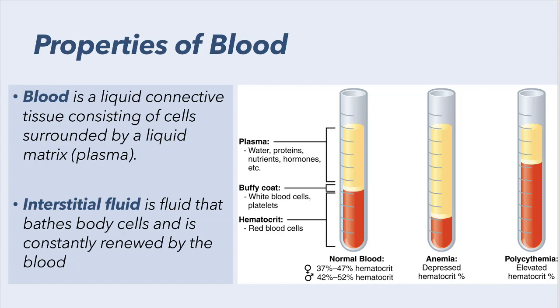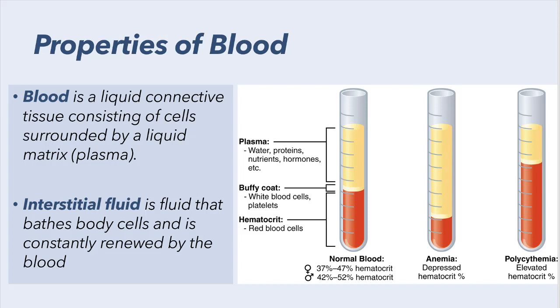Blood in general is a liquid connective tissue. It's made up of cells that are surrounded by a liquid matrix. It's different than the interstitial fluid that surrounds the cells. However, there's interaction between the two. Blood always supplies the nutrients and gases to the cells through the interstitial fluid.